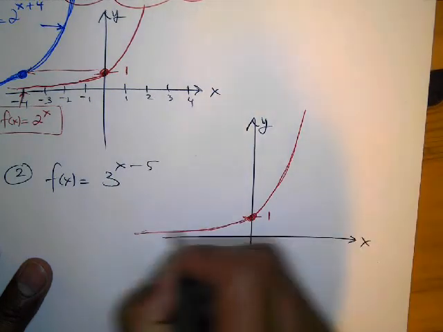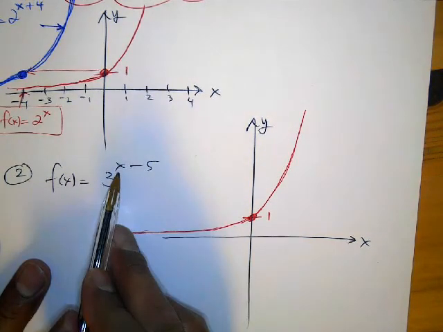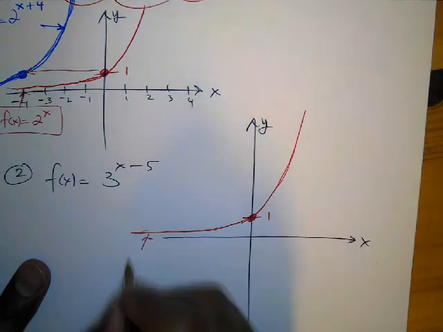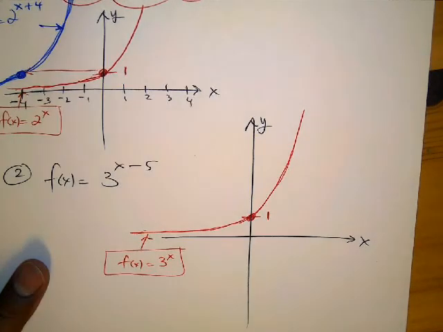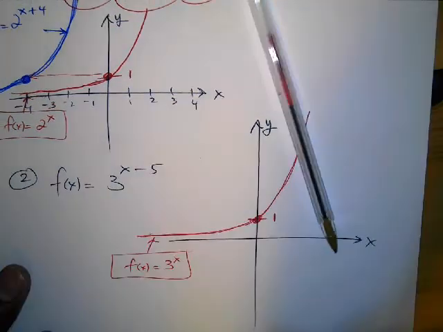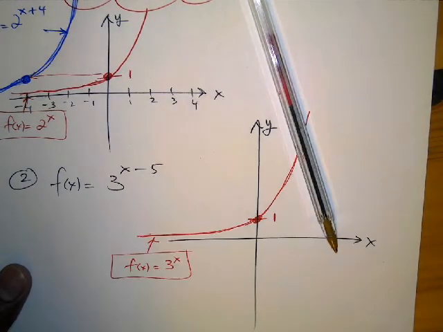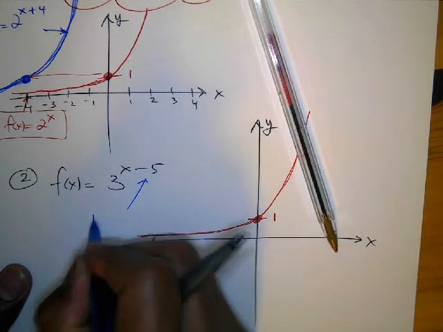And here's 3 to the power of x. It is an increasing exponential function, right? It's positive x. That is f of x is equal to 3 to the power of x. That's your parent function.